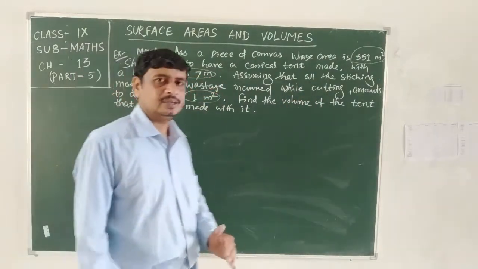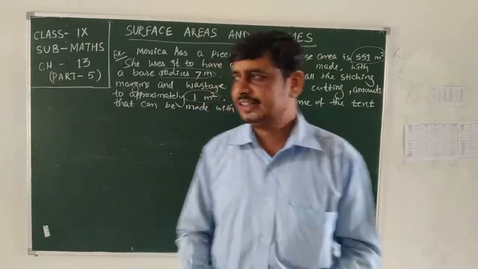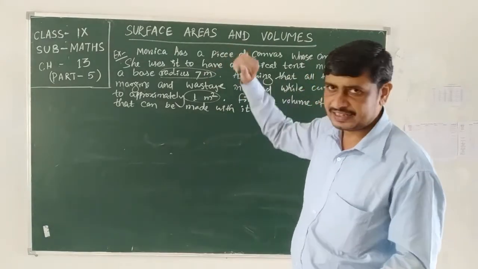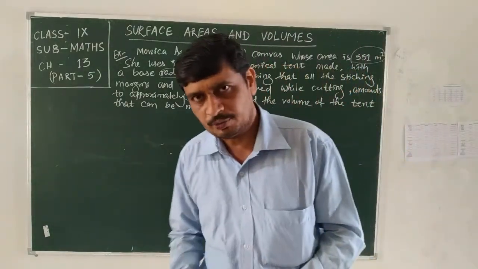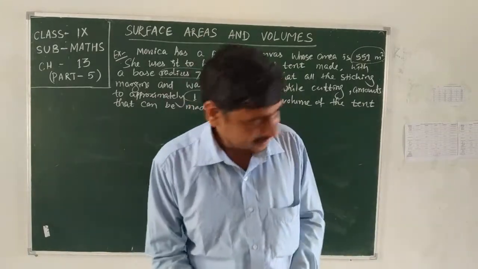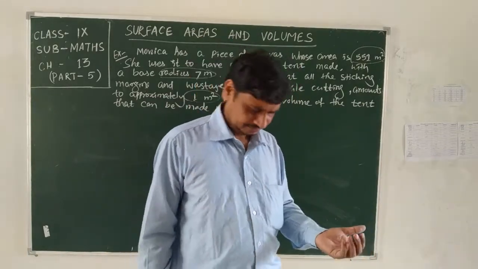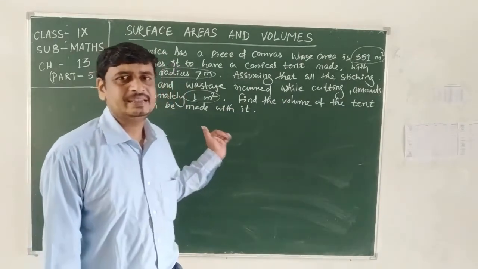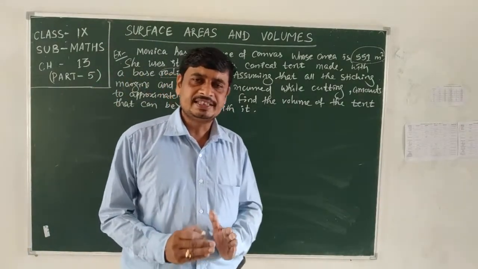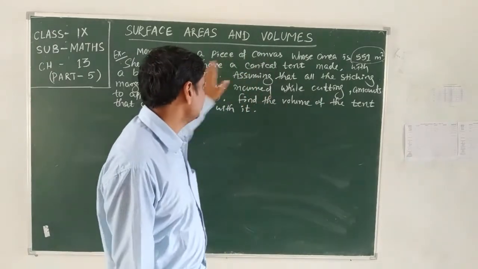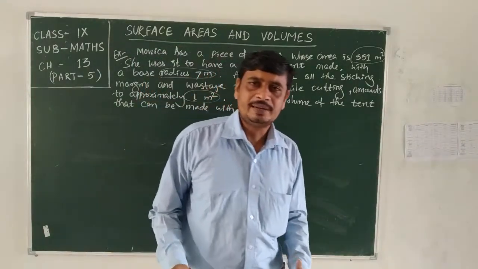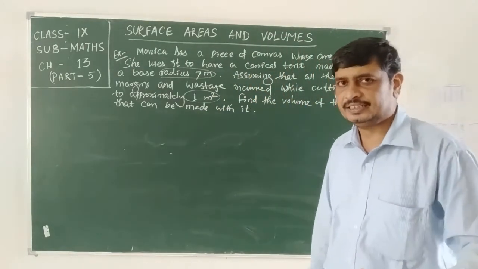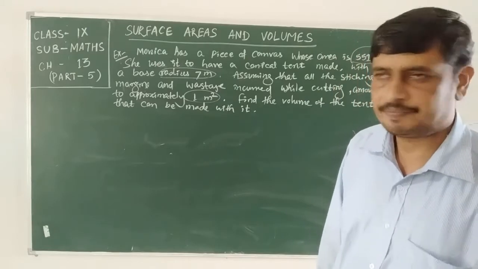And we have to find the volume of the conical tent that can be made with the canvas. To find the volume, it is needed to find the height of the cone, since the volume is obtained by using the formula one by three pi r square h. If the radius is given as 7 meters, we have to find the height first. After getting this height, we can find the volume easily.